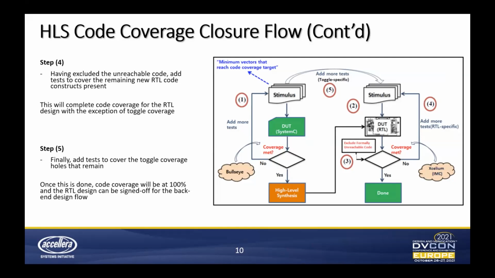This will complete code coverage for the RTL design with the exception of toggle coverage. Finally, in step 5, add tests to cover the toggle coverage holes that remain. Once this is done, code coverage will be at 100% and the RTL design can be signed off for the backend design flow.